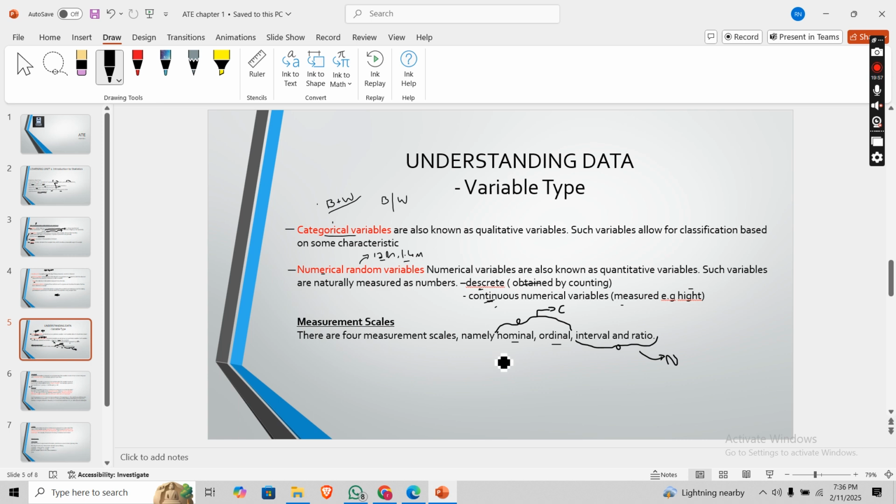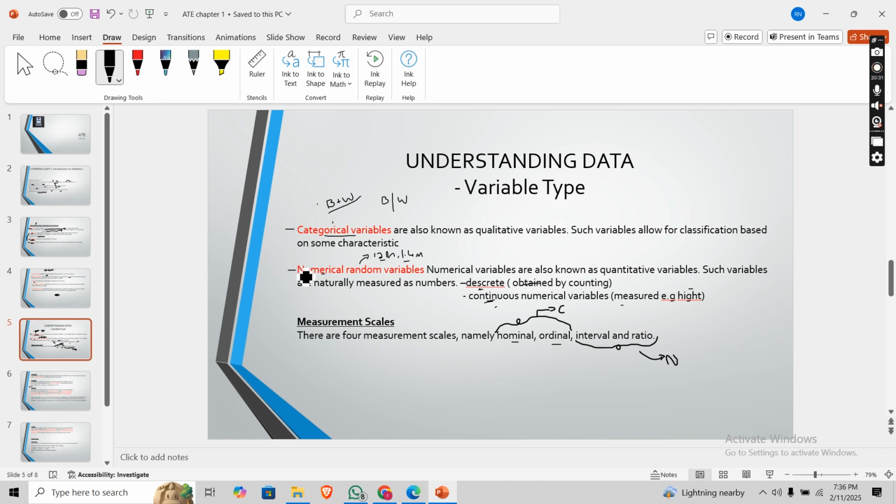Okay, so as I said, we have categorical variables and also numerical variables. We only use the nominal measurement scale and the ordinal measurement scale to extract data from categorical variables, and we only use the interval measurement scale and the ratio measurement scale when we are extracting data from what?